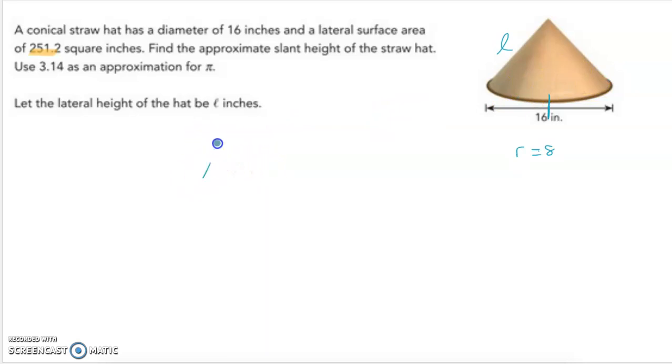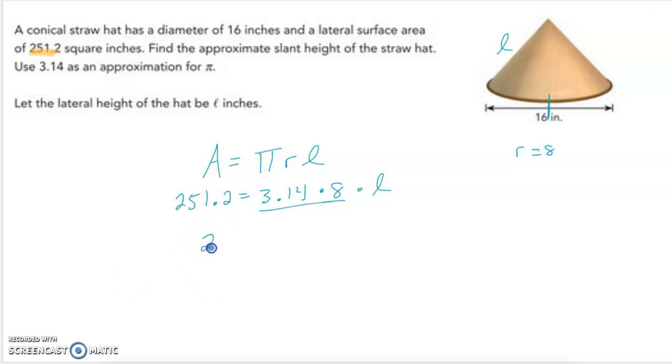So we're just dealing with the area of the lateral surface is equal to pi r L. Okay, so they give us the area, which is 251.2 is equal to 3.14 times 8, which is the radius, times L. So we're going to simplify this part. So 3.14 times 8. Let's do that. It's going to be 25 something. So 3.14 times 8, 25.12 maybe, 25.12, perfect.